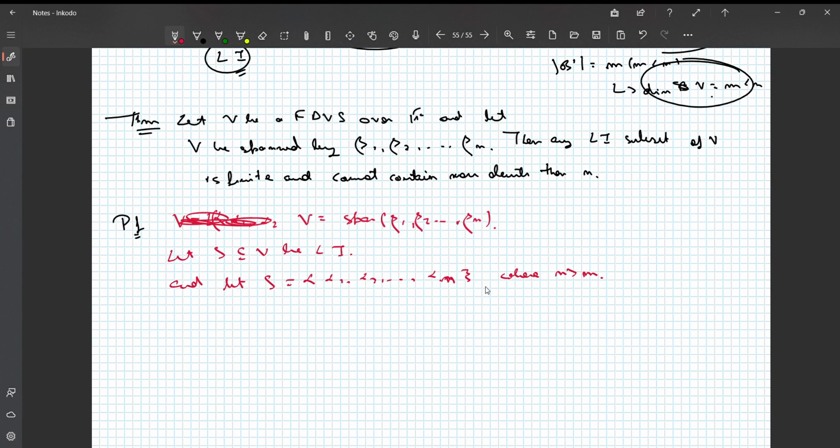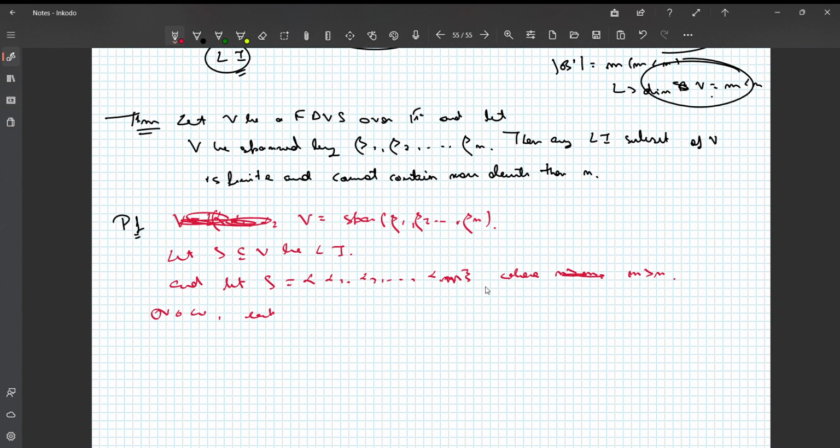We have no restriction on n. It's just greater than m. If we prove that n must be less than or equal to m, then it's already proven that this set must be finite, because there must be at most m elements. Yeah, I'm using n here, right? So m must be greater than n.